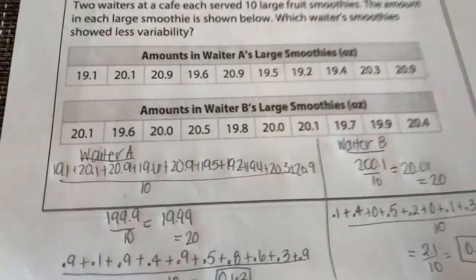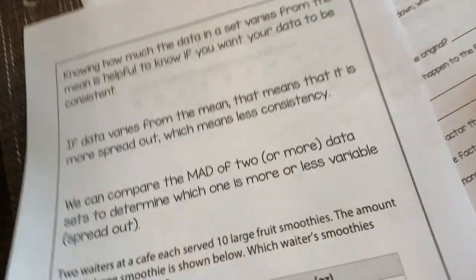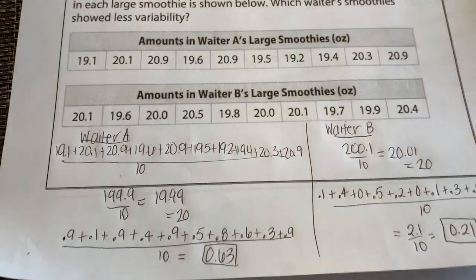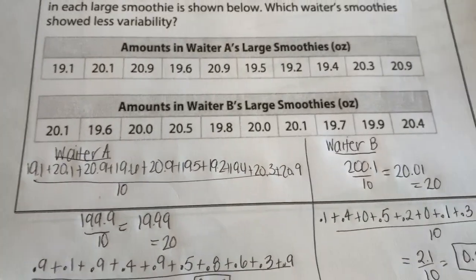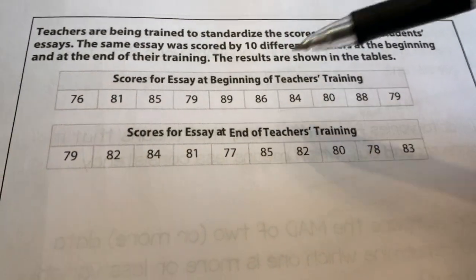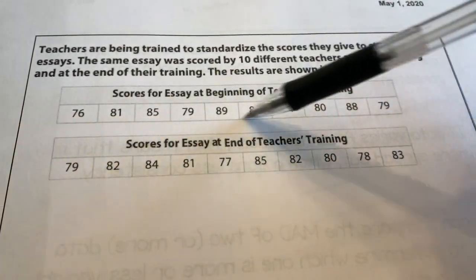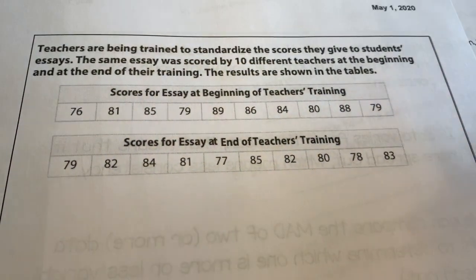Okay? Now, I'm going to just tell you, I did include this in the notes, but we're not going to do it in the lesson today because this ended up taking a little bit longer than I had originally planned. If you'd like to try that one, you can. And I'll just tell you that the idea is their teachers are grading tests, and they're trying to standardize the way that they're grading them.